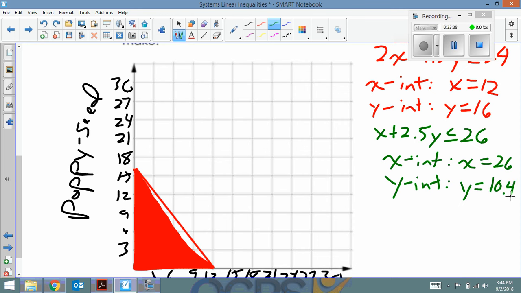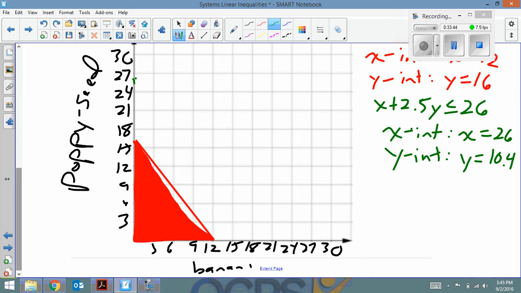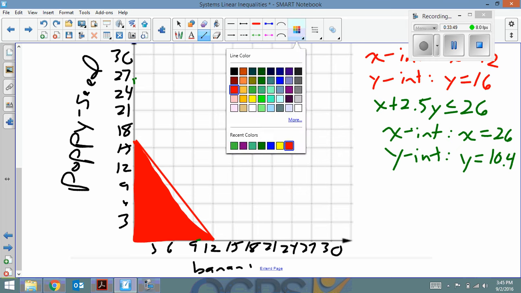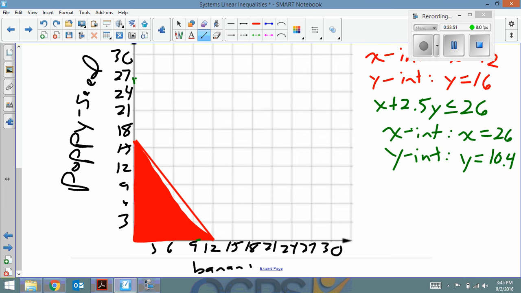So we're going to graph those. So 26, somewhere about there. 10.4 is somewhere about there. We're going to graph it. And it says, when is y smaller? Well, y is smaller, everything below that line.